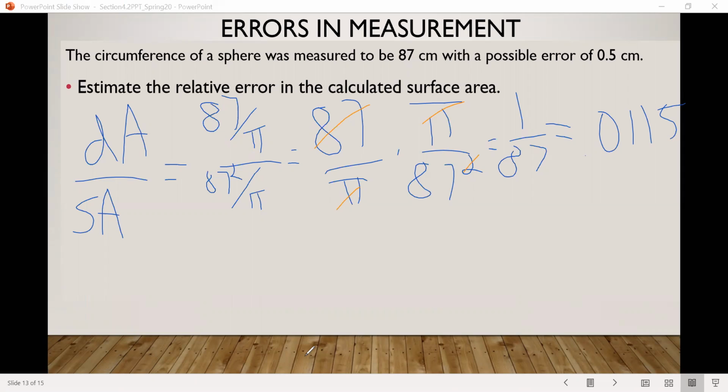Okay, and sometimes it's more helpful to convert that to a percentage. So what we can do is multiply that by 100, and when we do that, we'll end up with 1.15%. So that would be our relative error, using these measurements, potentially with errors, to find the surface area.